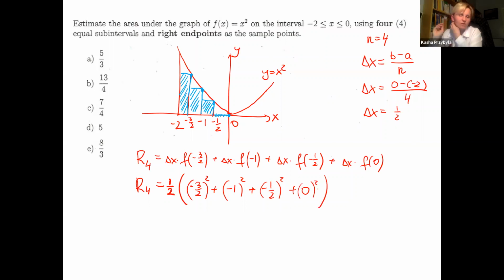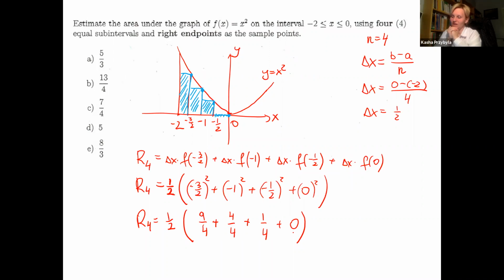That means negative 3/2 squared, negative 1 squared, negative 1/2 squared, and 0 squared. We can see everything is positive, so we don't have a problem with confusion, because we might be confused at the beginning. Arithmetic, I'm counting on you. This will be 9/4. This will be just 1, but I can write 4/4. This will be 1/4, and 0.